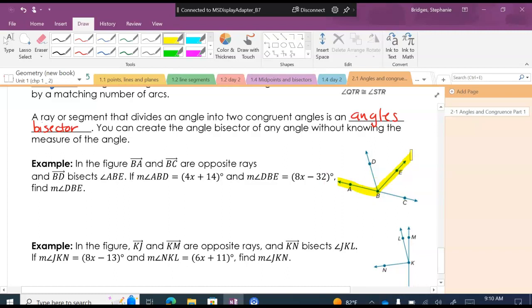If ray BD bisects that, what can we say about those two smaller angles? They're congruent. They're the same. So I'm going to put my congruent markings here so that I know that those two angles are the same. That's what it means to bisect something, is to cut it in half, cut it into two congruent parts.